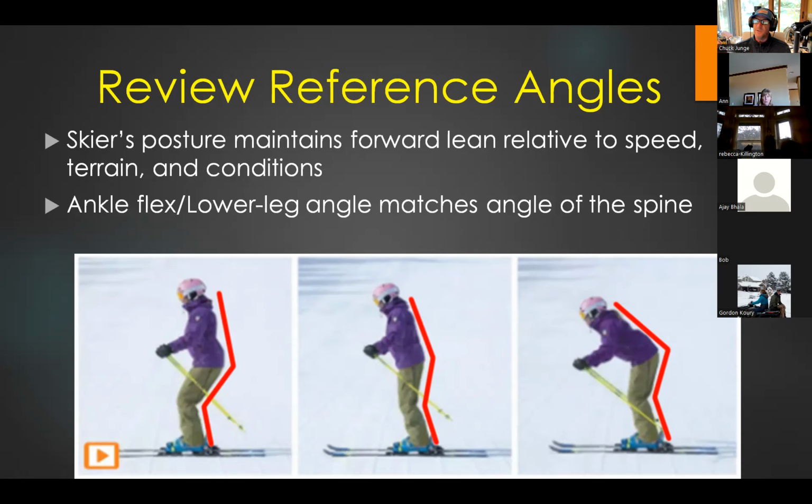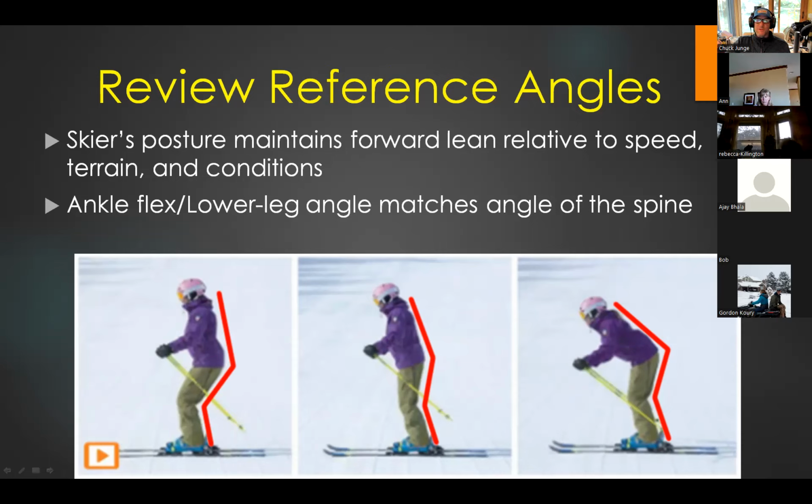There are going to be times where the ankle is going to be bending more than the hips, and there are going to be times where the hips are going to be bending more than the ankles. It depends on when and where we are in a turn and what kind of terrain, speed, and conditions we're running into. Okay, I'm just saying that as an aside. This is not necessarily where this presentation is leading.